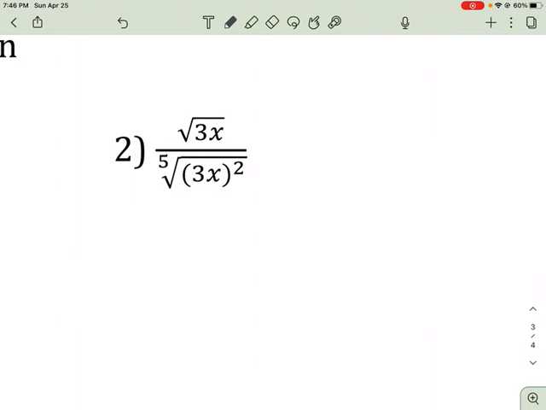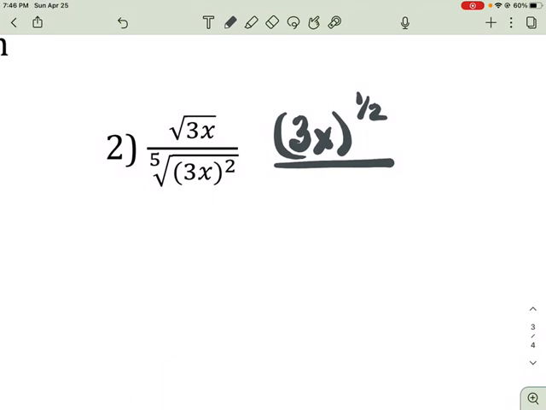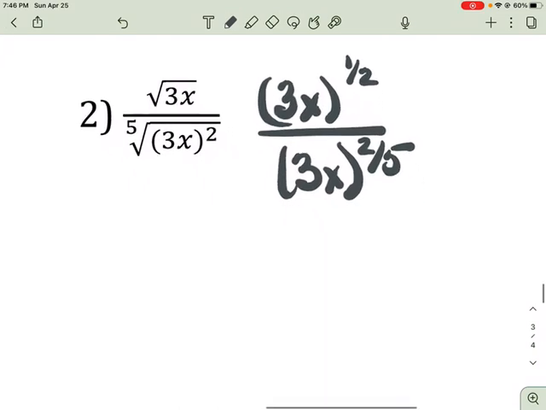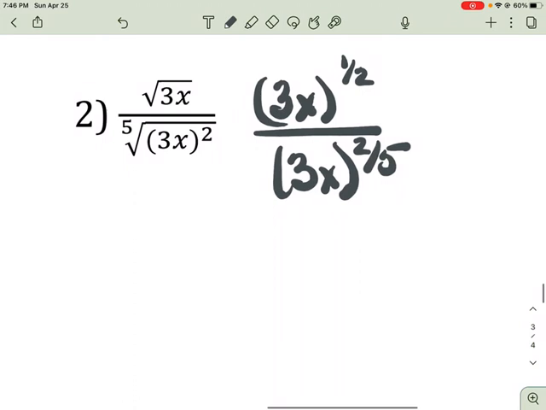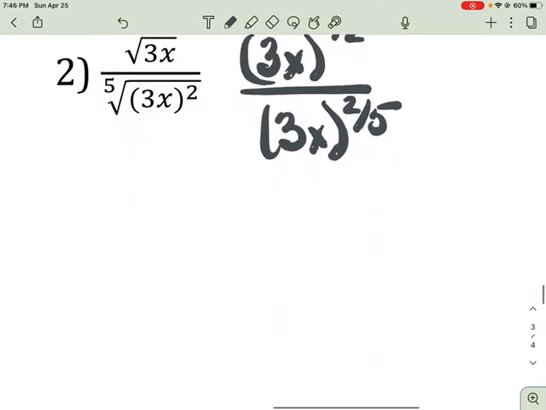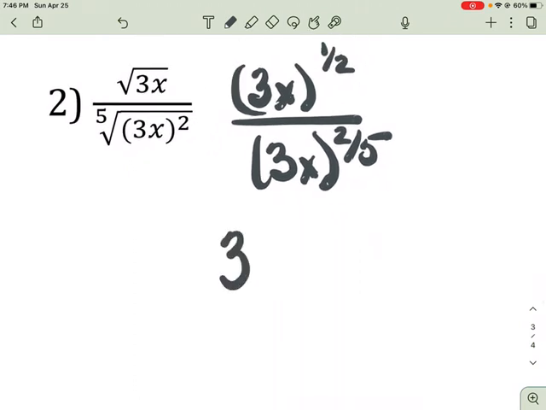Same thing here. All right, so we got 3x to the 1/2, and then 3x to the 2/5. Ugh, that's going to be 10, right? Yeah, that's going to be 10. So this becomes 3x.